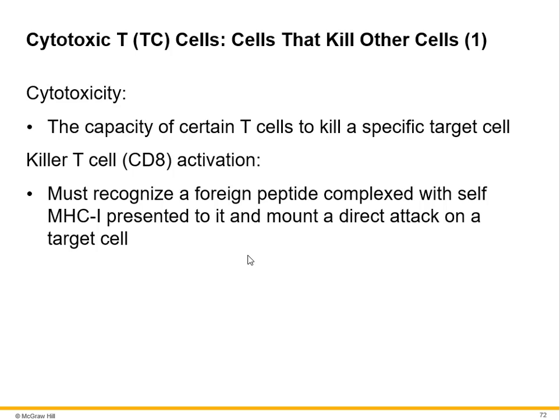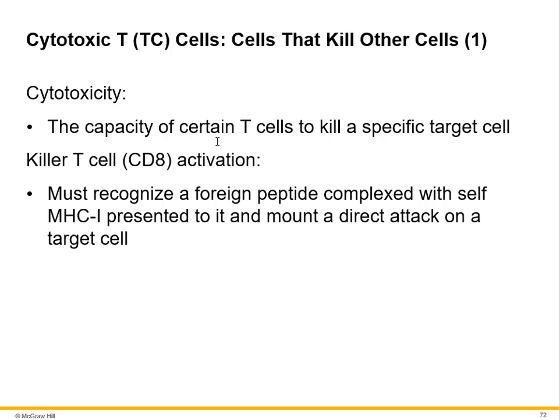Cytotoxic T cells, the third type, are the ones that directly kill. They have this cytotoxicity. They're capable of killing a specific target cell. I call these my assassin cells, because they target a very specific cell type, and that is the cells that are infected with a very specific antigen.